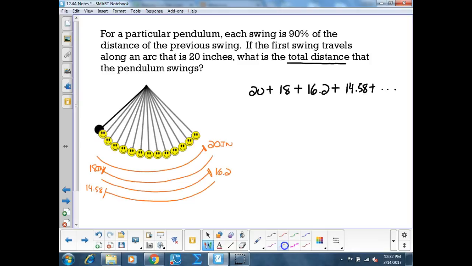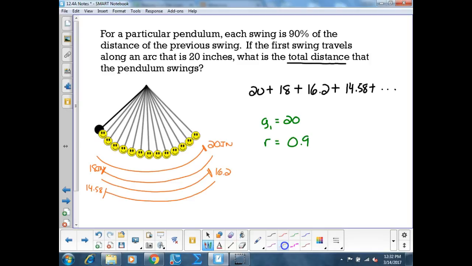Right? So what's my first term? 20. What's my R value? 0.9, right? Or 0.90 if we want. That's fine too. Okay. All right.